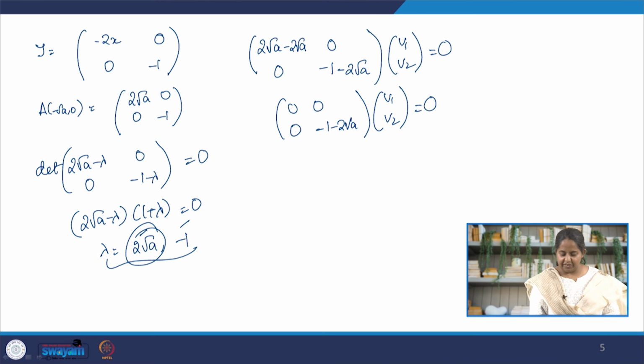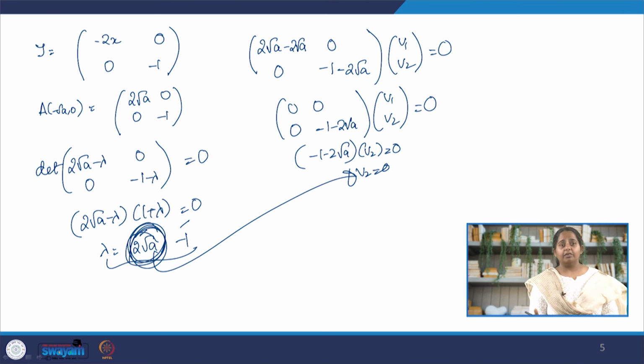So basically what we'll get is V2 is equal to 0. So the positive eigenvalue corresponds to V2 equal to 0. V2 equal to 0 means we are dealing with the x-axis, an eigenvector in the direction of the x-axis. Now similarly for minus 1, what we'll get is that V1 is equal to 0. Very simple, just substitute minus 1 instead of lambda here, do the product with the eigenvector, equate to 0, and you'll get the values.